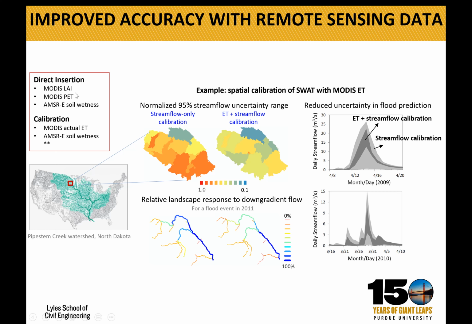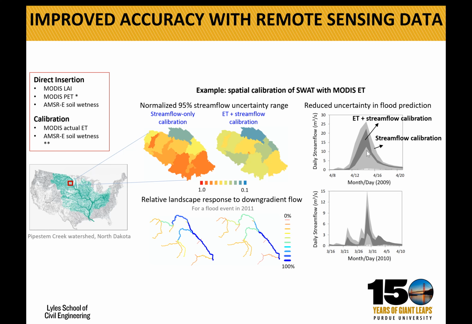And by doing that, you can see from these two maps here, this has much higher uncertainty in our prediction, and this has much lower uncertainty in our prediction. And on the right here, you see the uncertainty band. The band got narrowed when we incorporated these other fluxes into the model from observation.